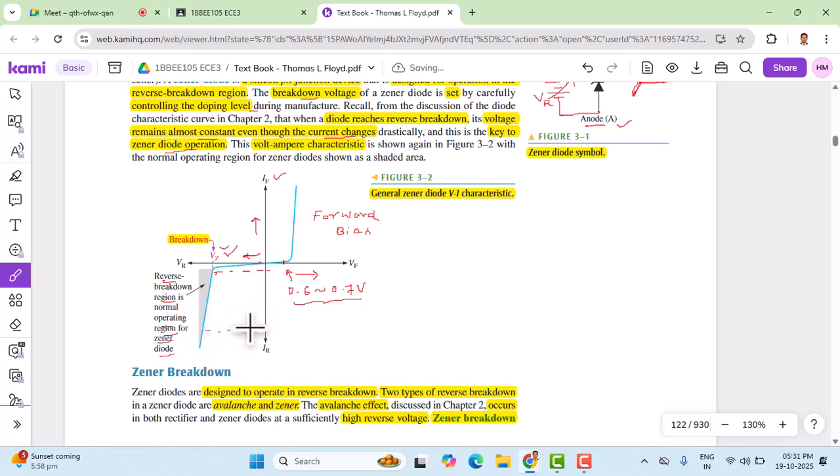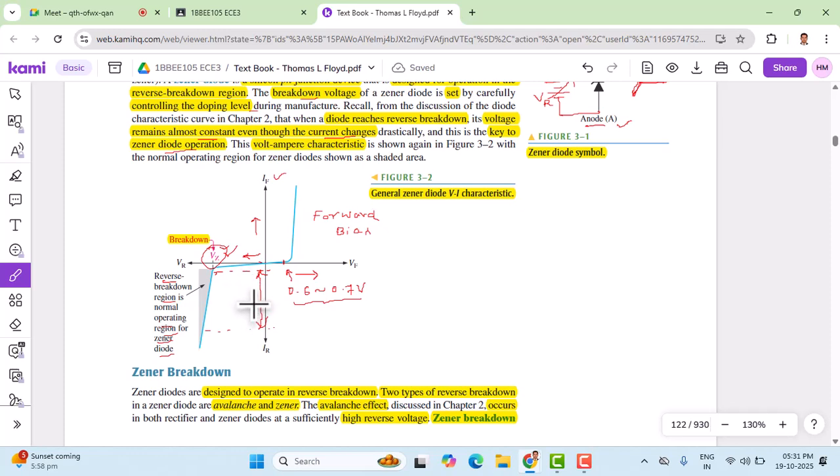This is a very big change in the current through the Zener diode, but the voltage change is very small. So we have a small change in the voltage, but a large change in the current.